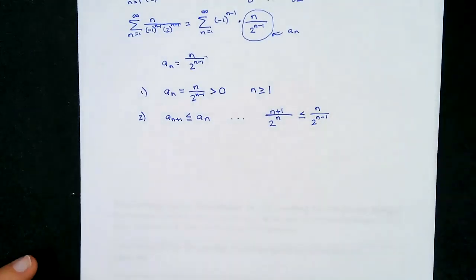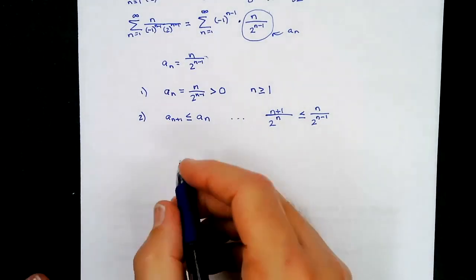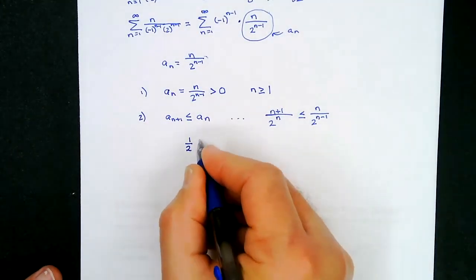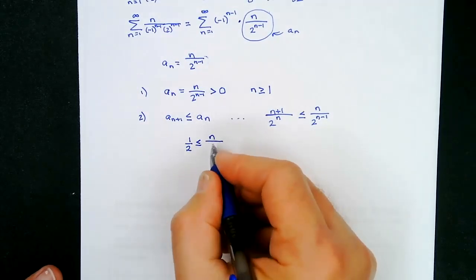Okay, so this is where some creativity comes in. All right, and let me just do it with you and explain it. Okay, we need to use 1/2 is less than or equal to n over n plus 1.